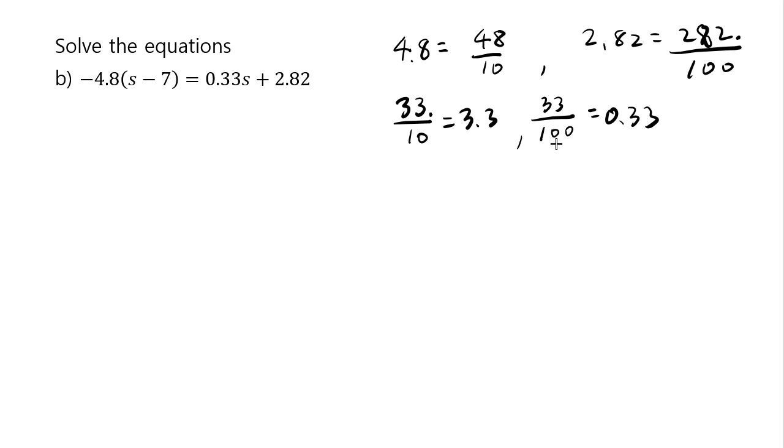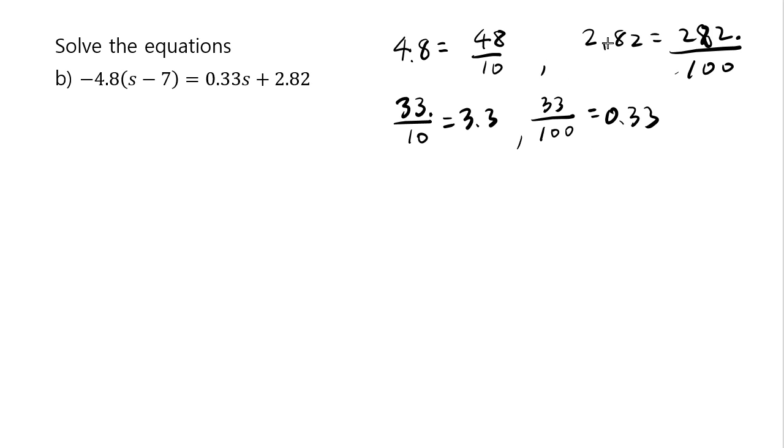You can reverse this by multiplying by 100. So 100 times 2.82 will be 282, 100 times 0.33 will be 33, and 10 times 4.8 will be 48.